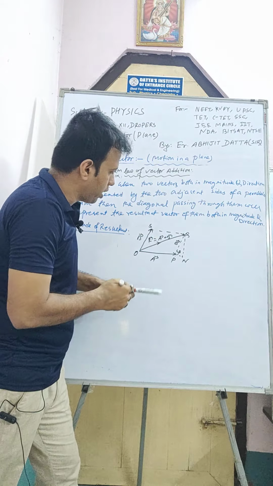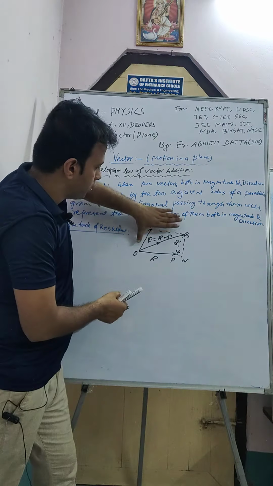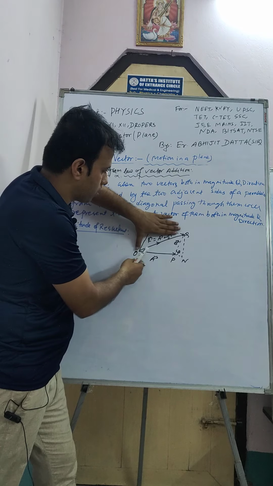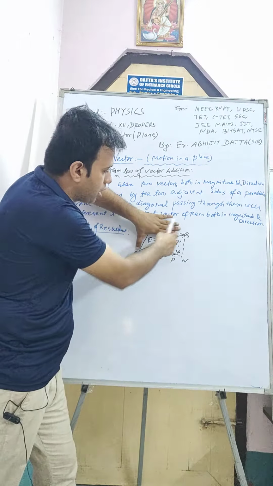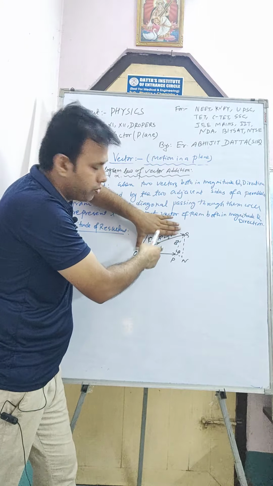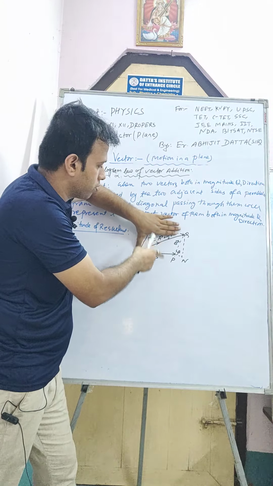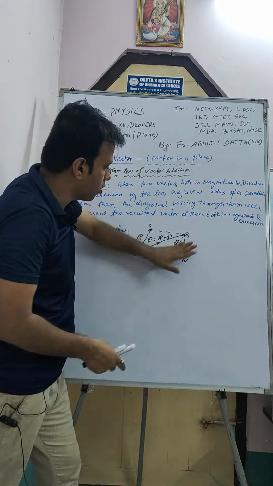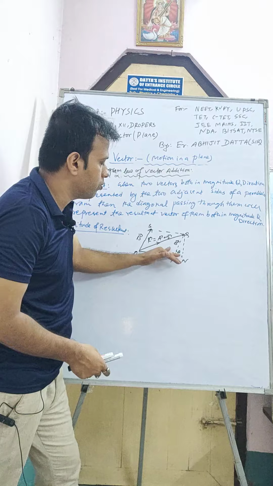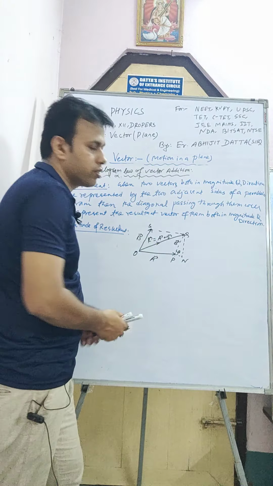Now forget about this line. Now remember the triangular law of vector addition. If this one is A and this one is B and they are in order, then the third side will represent the resultant of them, is not it? It was the triangular law of vector addition. So from the triangular law you can apply this one here and you will find the resultant vector.